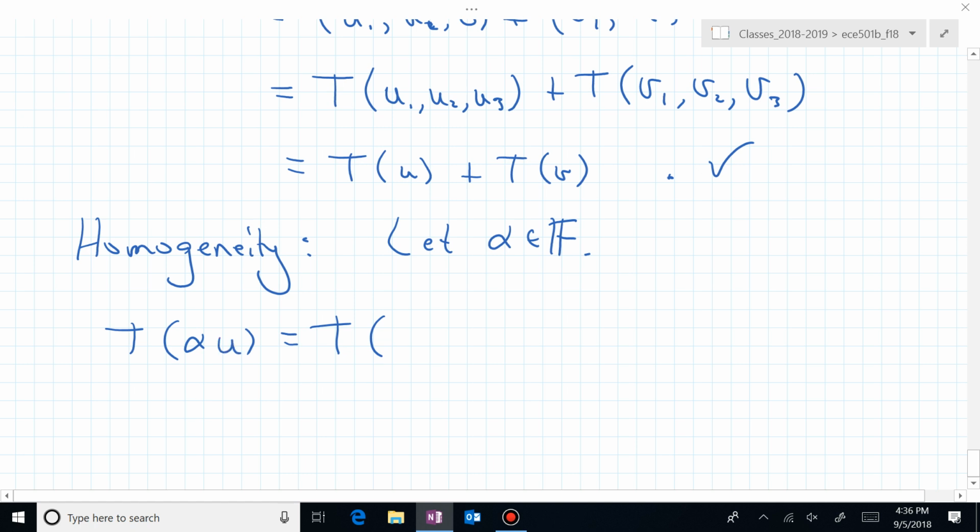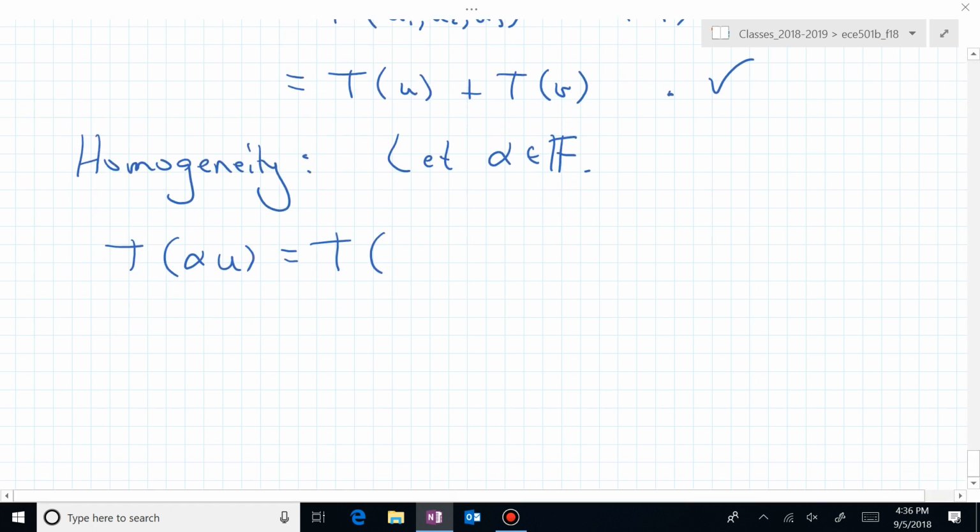Maybe my U's look a little bit better in terms of what I can draw. So now I have T of alpha U1, alpha U2, alpha U3. That's what happens when we apply a scalar to a 3 vector. If we now push those through this linear map, or what we're assuming is a linear map T, this projection map, what happens? What do we end up with?